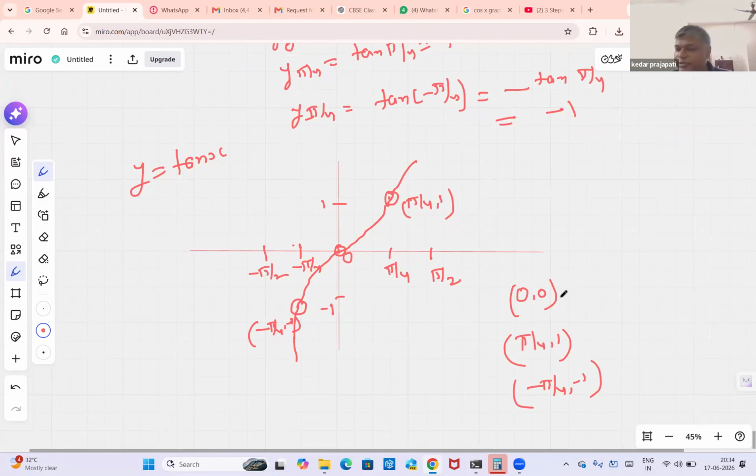So what will be the reverse of this? 0, 0's inverse will be 0, 0 only. The inverse of pi by 4, 1 will be 1 comma pi by 4. And the inverse of minus pi by 4, minus 1 will be minus 1, minus pi by 4. Okay. Clear?